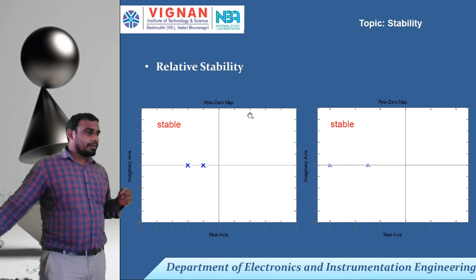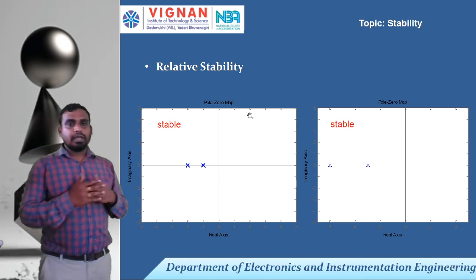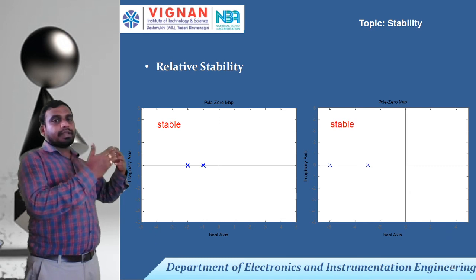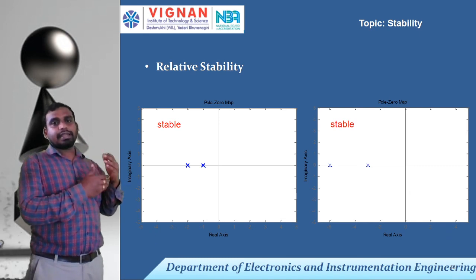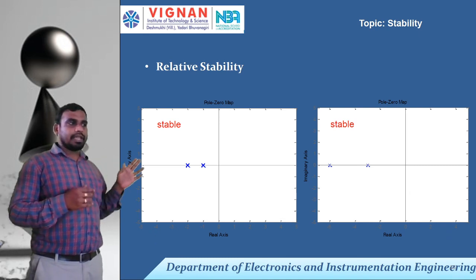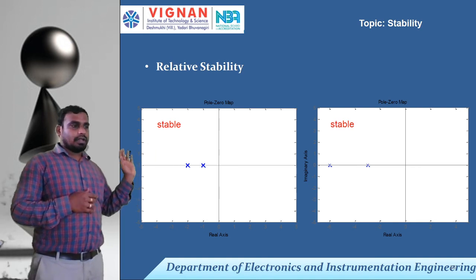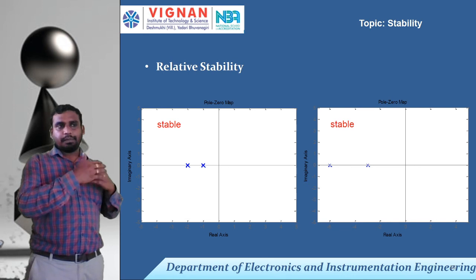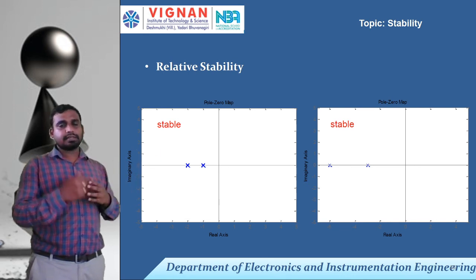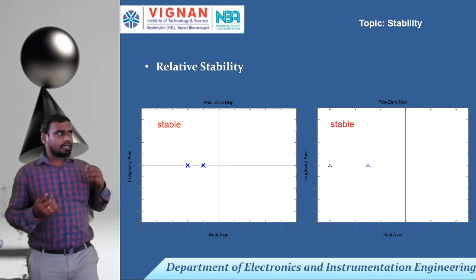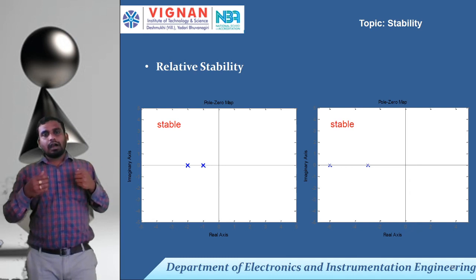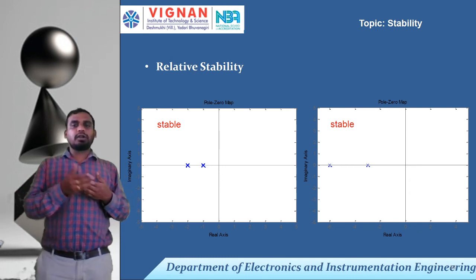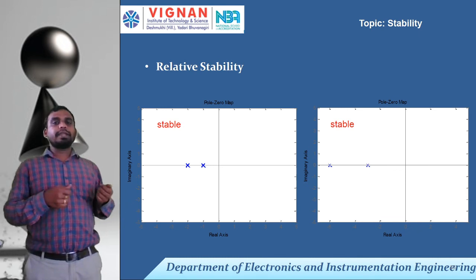Right? Okay, then coming to the topic of relative stability. Relative stability is about the time taken for the process to get to the stable region. Suppose you are giving a step input, like the bike example we discussed a few classes before. If you want to travel on a bike at 40 kilometers per hour, what we give is the accelerator.